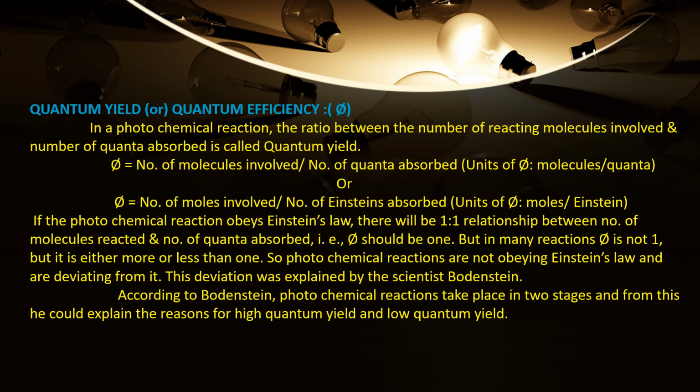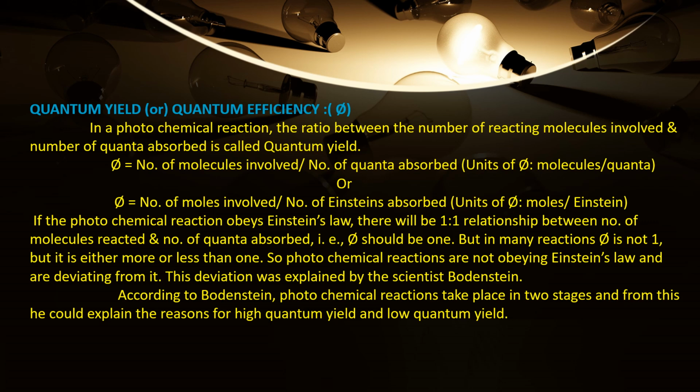It is equal to number of reactants by number of quanta absorbed. What is Stark-Einstein's law? Each reactant molecule absorbs one quantum of radiation. For example, phi is equal to 5 divided by 5. That means 5 molecules absorbing 5 quanta of light, then phi value will be equal to 5 by 5, it is equal to 1.